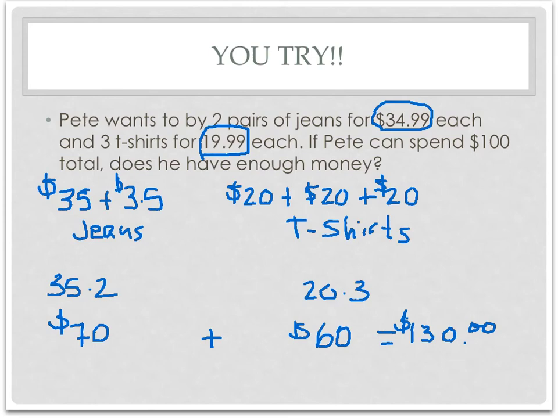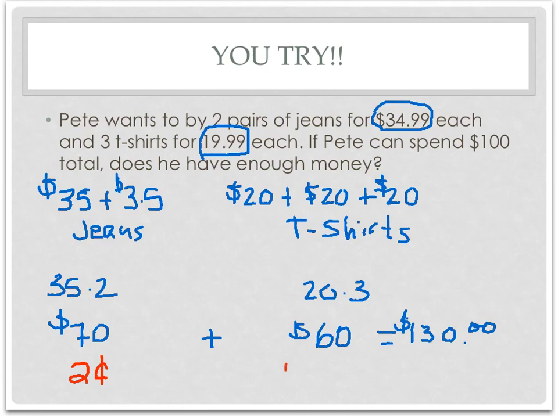But I also need to take a look at, by me overestimating, did I overestimate too much? So looking at this, on the jeans, I only rounded up a penny each time. So on the jeans, I was only over by 2 cents. 1 penny for each pair. For the t-shirts, again, I rounded up by just a penny.